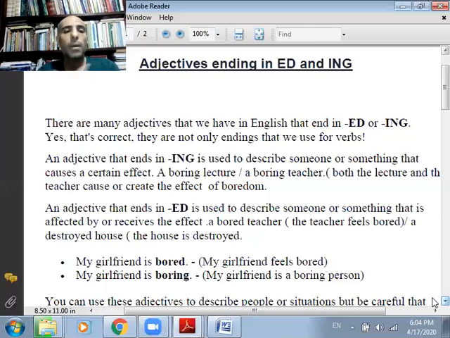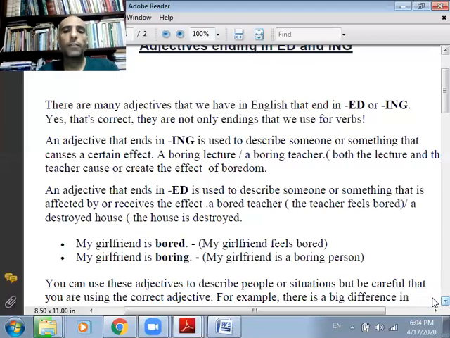Okay, so we will talk one by one about the two different adjectives of our lesson today and see how they differ, and we will see some exercises on this topic. There are many adjectives that we have in English that end in ed or ing.